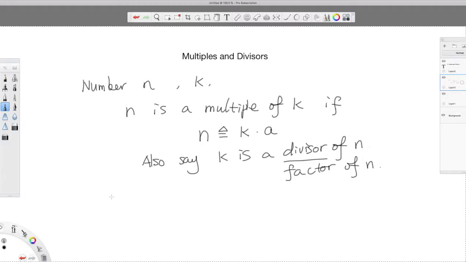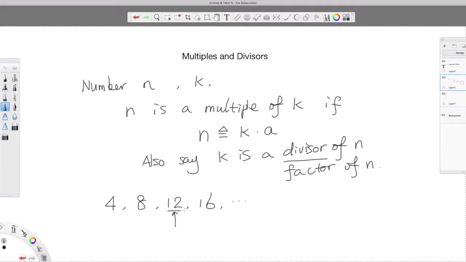We learn multiples by starting with counting. So for example, the multiples of 4 are 4, 8, 12, 16, and so on. And of course we learn that as 4 times 1, 4 times 2, 4 times 3, 4 times 4. So that's the definition of multiples. In that case, we also say 4 is a factor of 12, or 4 is a divisor of 12.